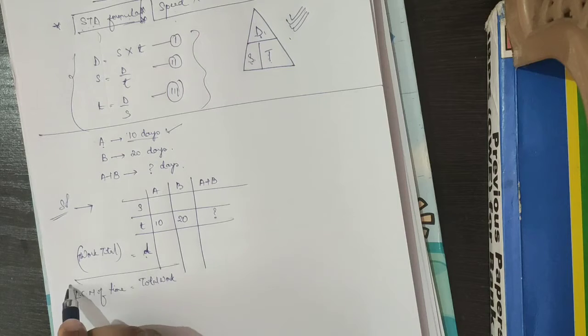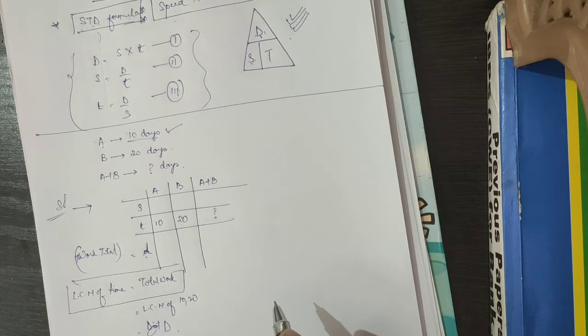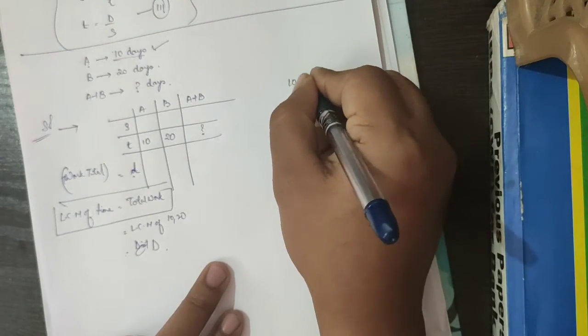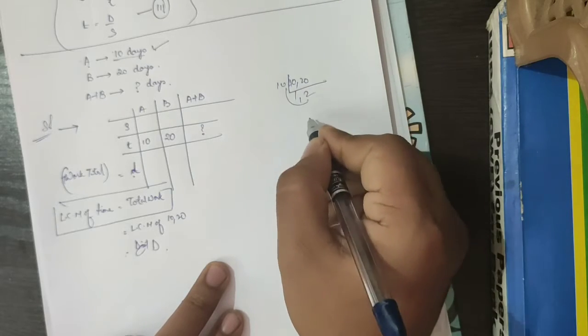Always remember this one. If you take the LCM of 10 and 20, you'll get the total work, or distance. Let's say D.